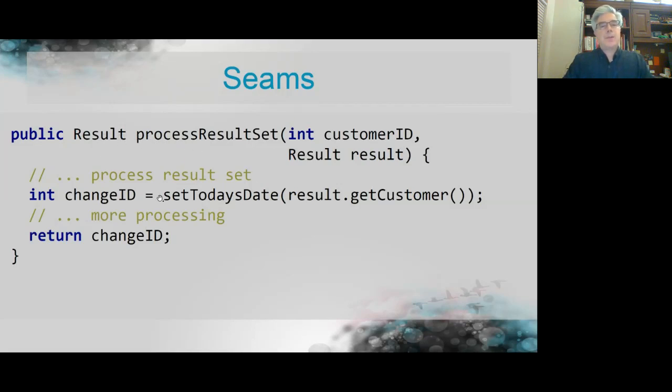we've got our process result set, and basically we're setting today's date in the middle. And the problem with dates is they change every day. So what I want to do is find some way to create a seam right here in the middle so I can have control over what this date call is.